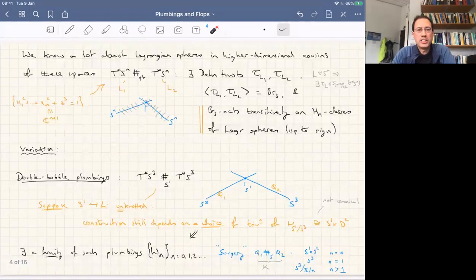If in higher dimensions we look at the analogous spaces, we also know a great deal. Now the higher dimensional cousin of this once punctured torus is that I take 2 copies of the cotangent bundle of S^n, and I again plumb them together at a point. So I build a symplectic manifold which retracts to a union S^n wedge S^n.